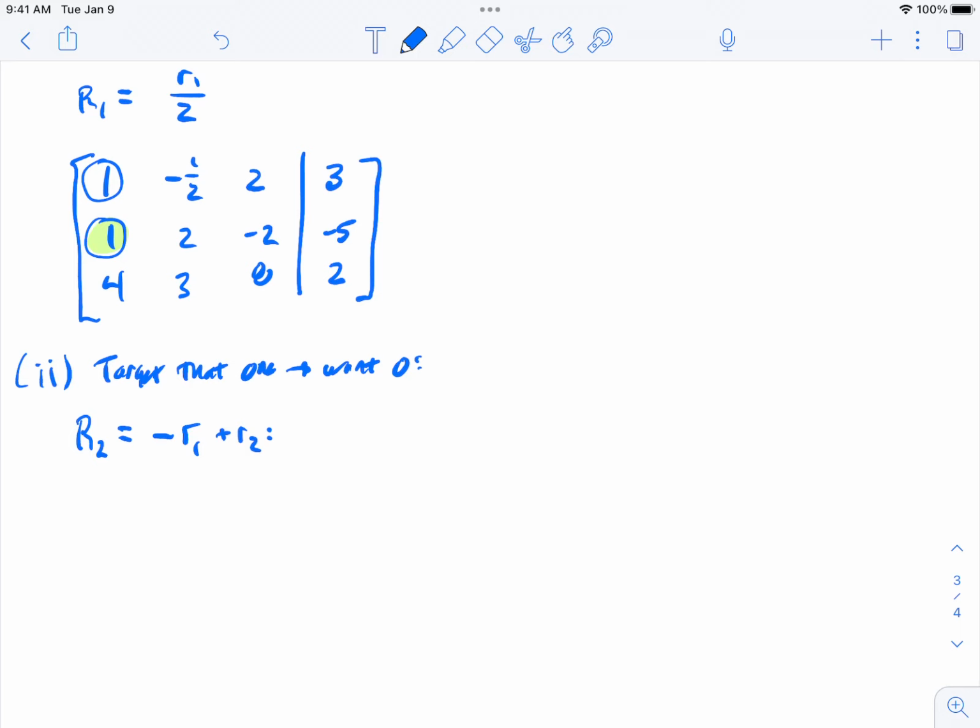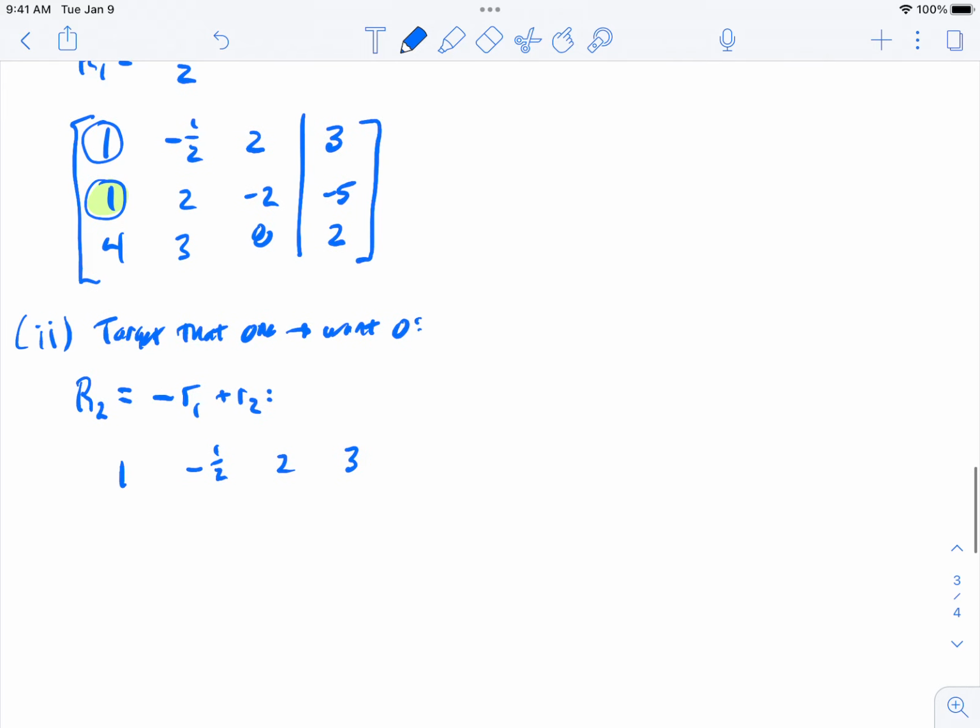Now, actually, let me first, since we're not going to change row 1, let me copy those numbers in. And now we'll start to change row 2. So once more, a 1 times a negative 1 is negative 1. Add 1, 0. Okay. Negative 1 times this is a positive 1/2. Add 2. That'd be a 2.5. 2.5 is the same as 5/2.